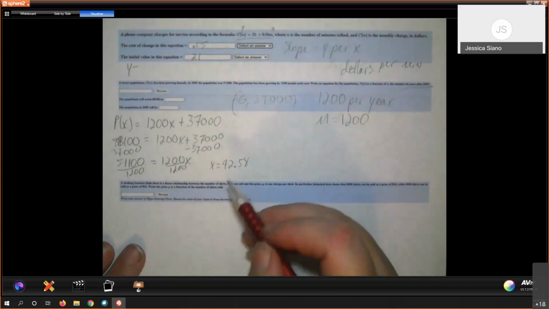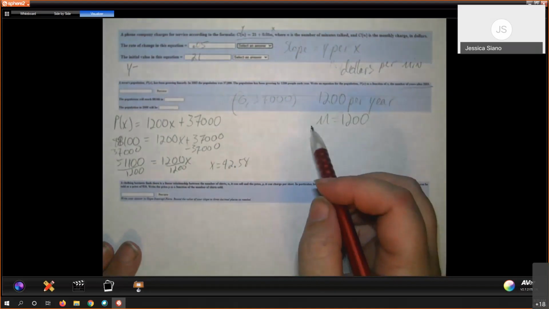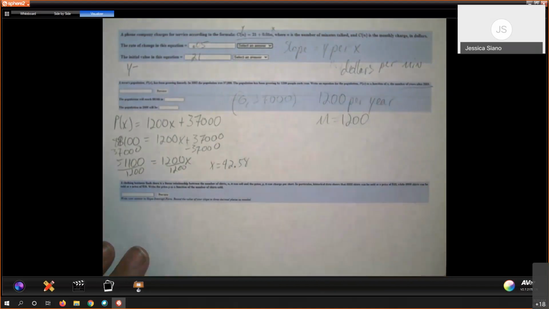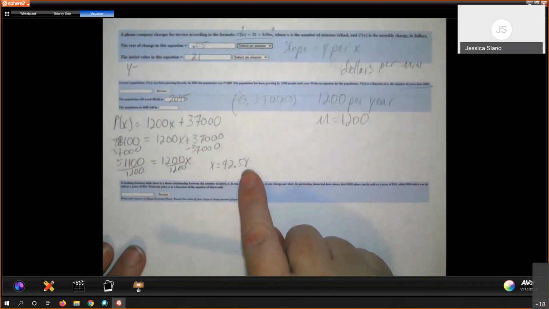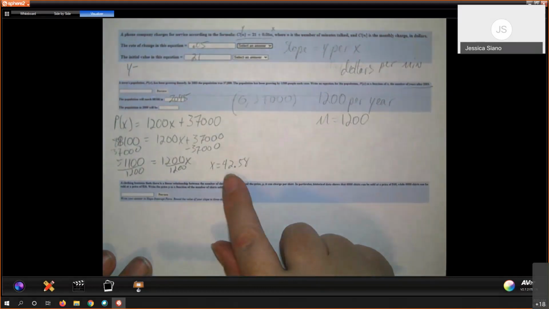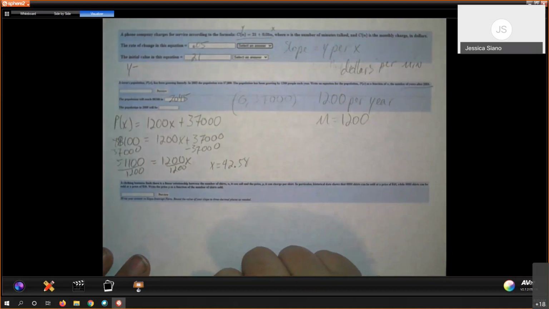But that's years since 2003. So if 2003 was my initial, then that means this is the year 2045. And it's about halfway through that year, but they're asking during the year. So this is the year 2045. This 0.58 just tells me that it'll be in like July of 2045.